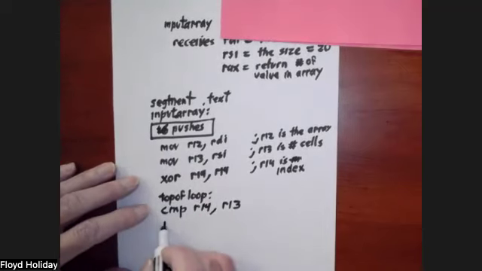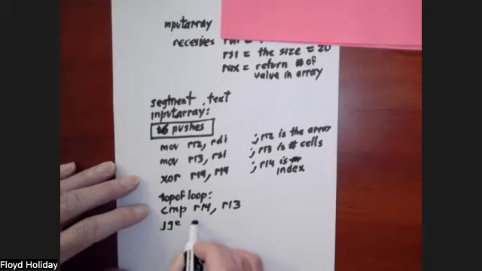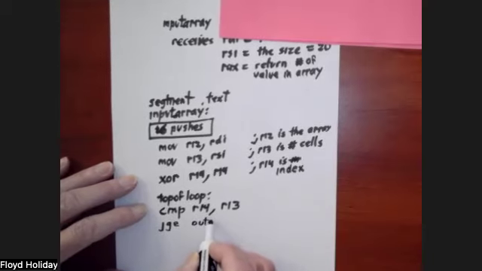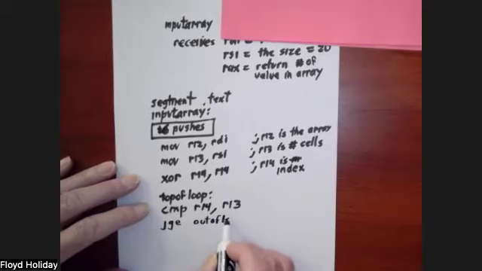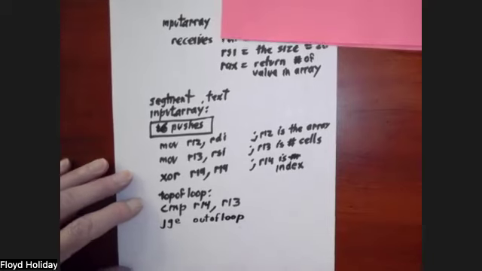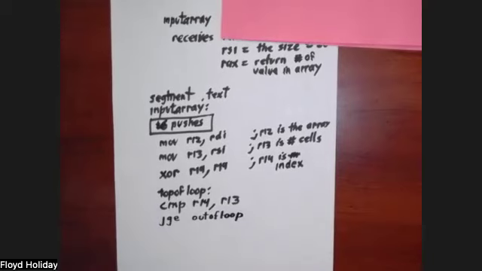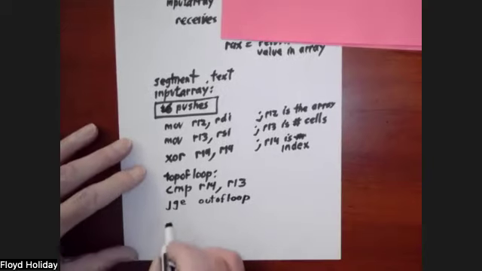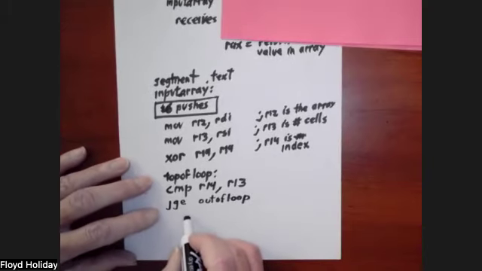So jump if greater or equal. If it passed that test, then there's room in the array. We're going to set up a scanf call. So this is a block inside the body of the loop.